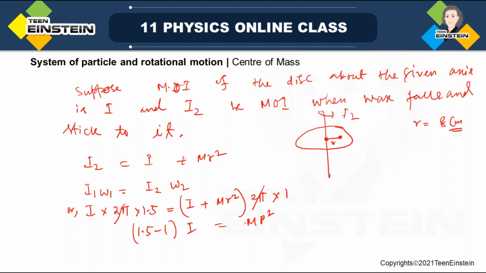Then I will be m r square by 0.5, so this will be 10 divided by 5 m r square. That means it's 2 m r square, 2 into m r square.